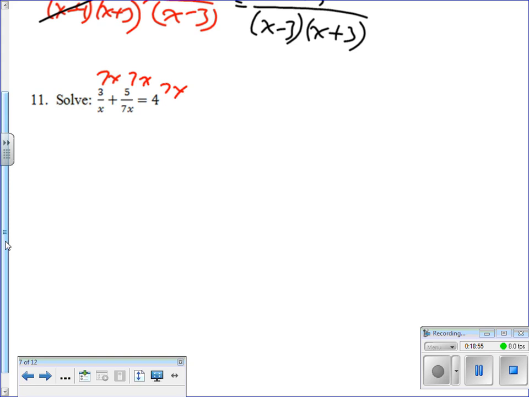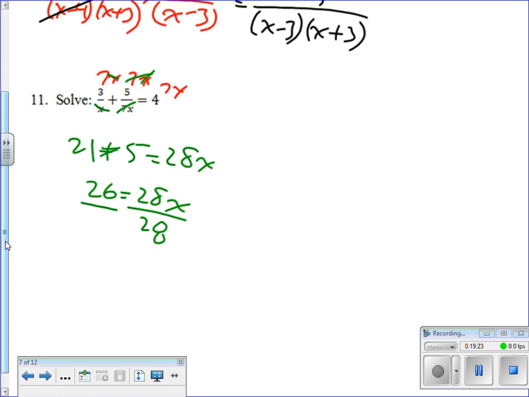My x's cancel. 3 times 7 is 21. Plus my 7x's cancel, so I get plus 5 equals 4 times 7x, 28x. So 21 plus 5, 26 equals 28x.